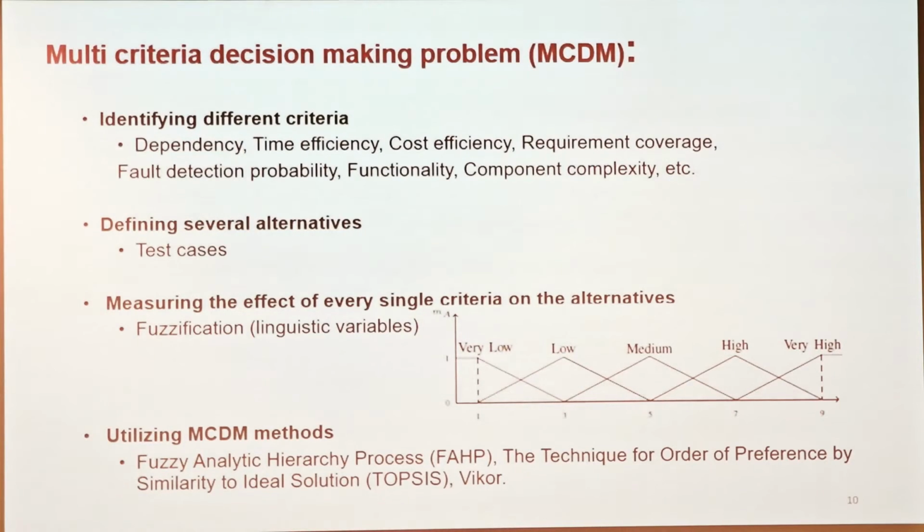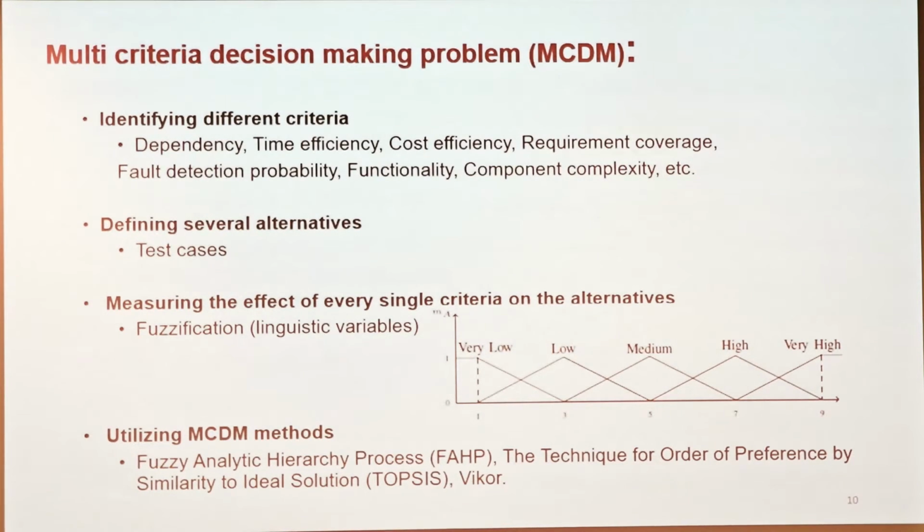You are not able to select test cases by just one criterion. You are able, but it's not an optimal decision. So what are the criteria that we have in the testing process? We identified this set of criteria, but this problem is not limited to these criteria. You are able to remove or add new criteria to this list.